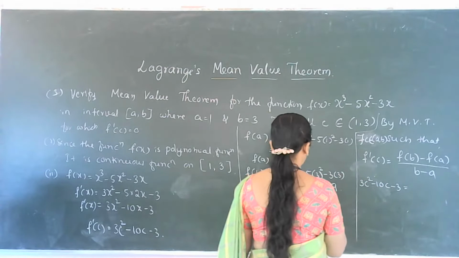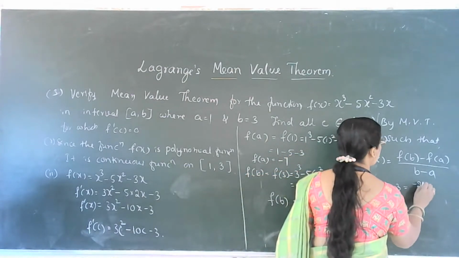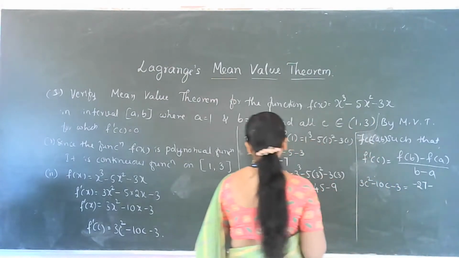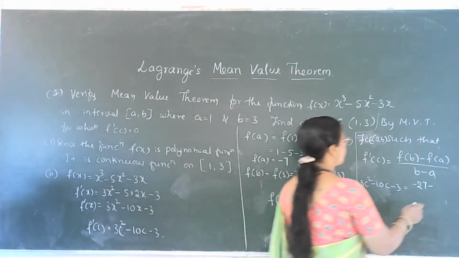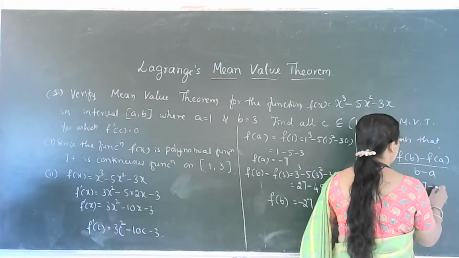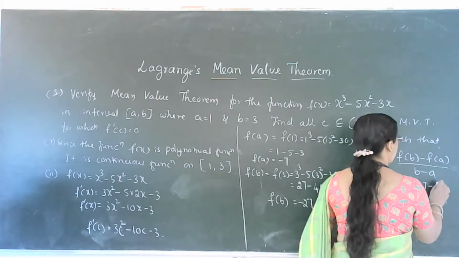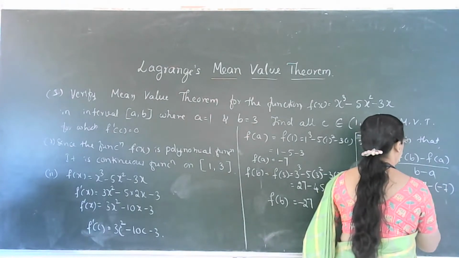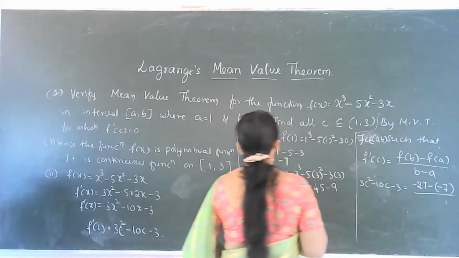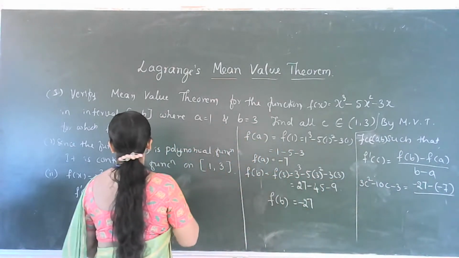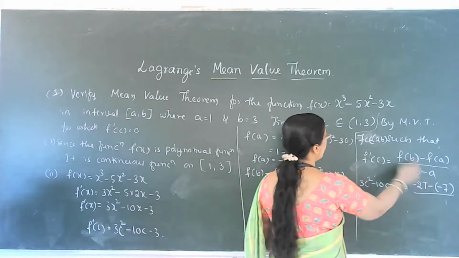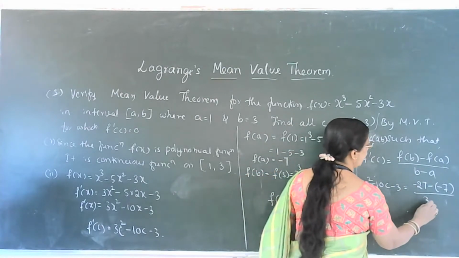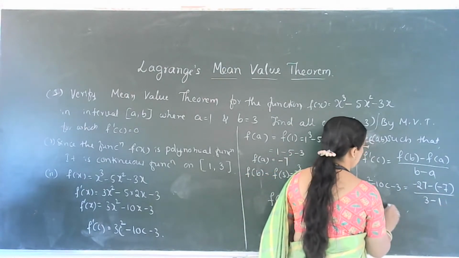f of b, which is minus 27, minus f of a, which is minus 7, divided by b minus a, which is 3 minus 1.